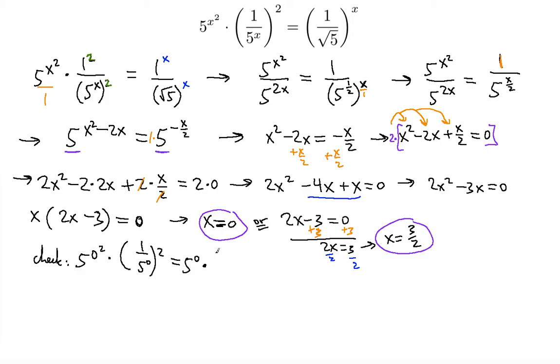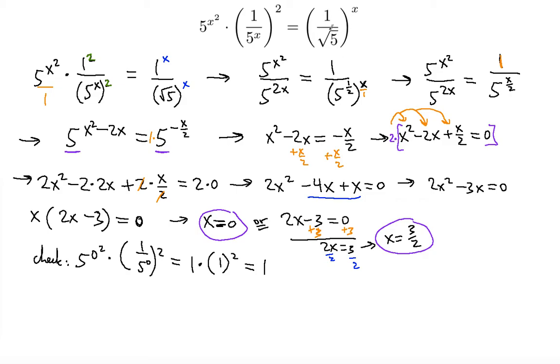Any non-zero number raised to the 0 power is 1. 1 times 1 over 5 to the 0, which is 1 over 1, is equal to 1. 1 squared, right? That's equal to 1.